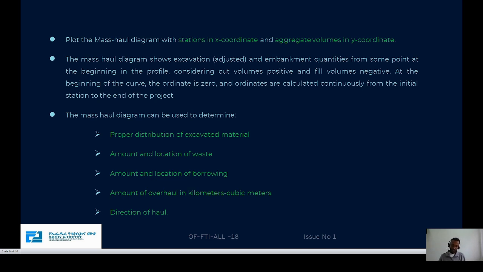The mass haul diagram can be used to determine, first, the proper distribution of excavated material, where the cutting material is used to fill the fill sections. The other uses are the amount and location of waste material, which is not suitable for construction and will be removed from the site, and the amount and location of borrow material, which is suitable for embankment, sub-base or base material.